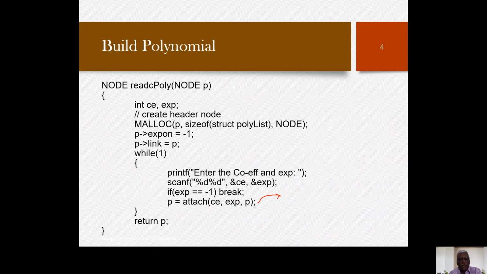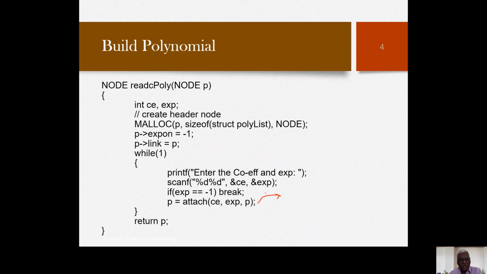So what happens every time when this loop is executed, I read in the new values for the coefficient and the exponent and call this function attach, in which case this is getting attached as the last term to the existing circular list, and the updated value of P is available to me and I return to the column.